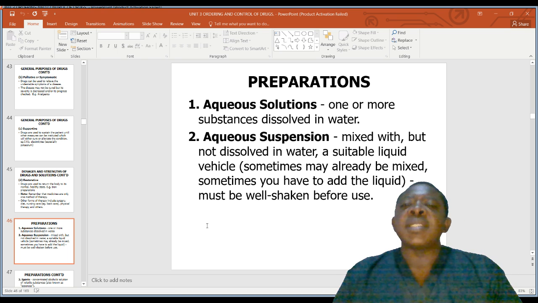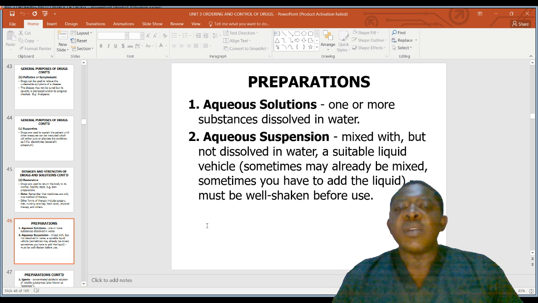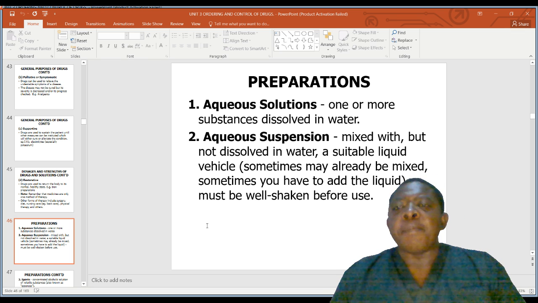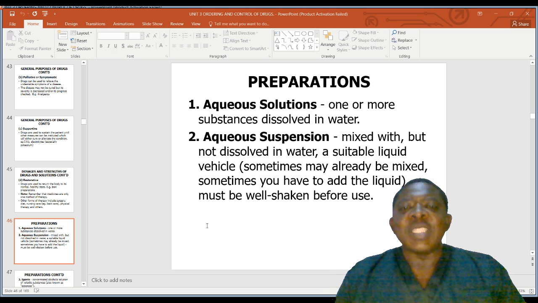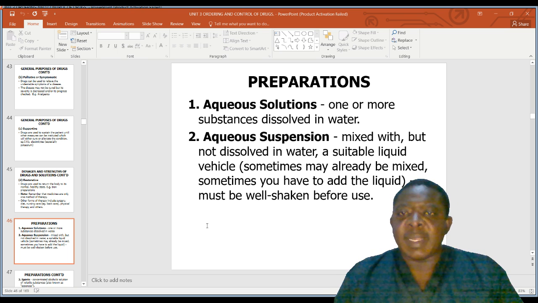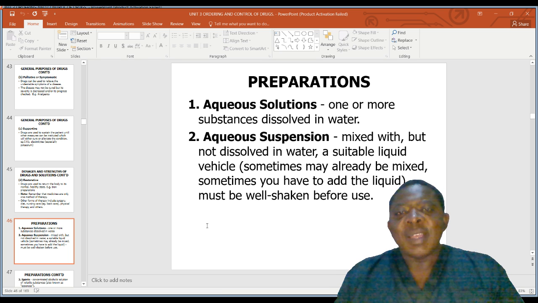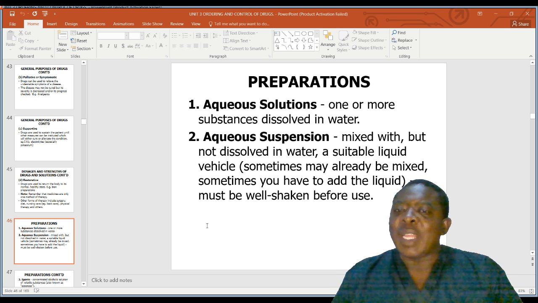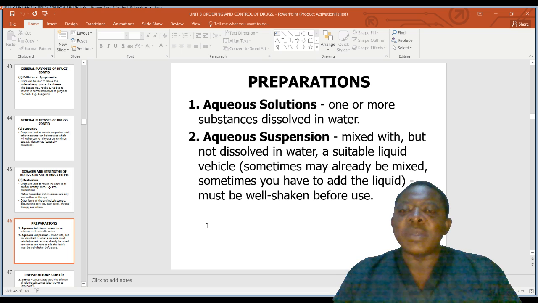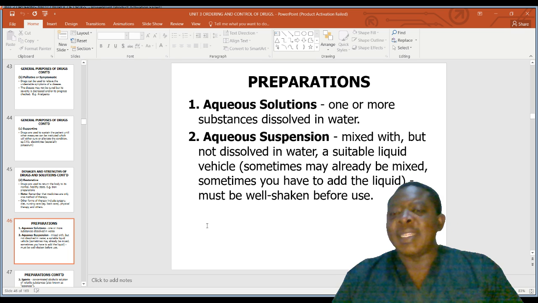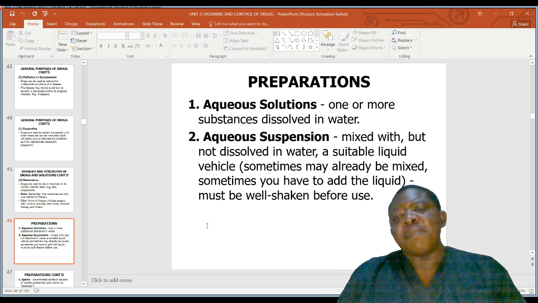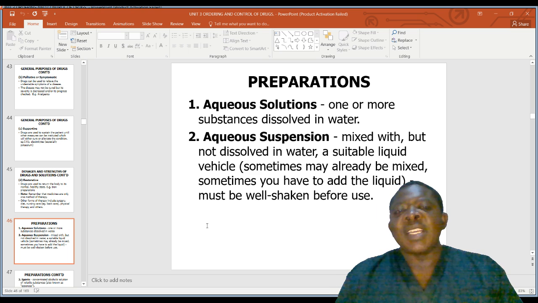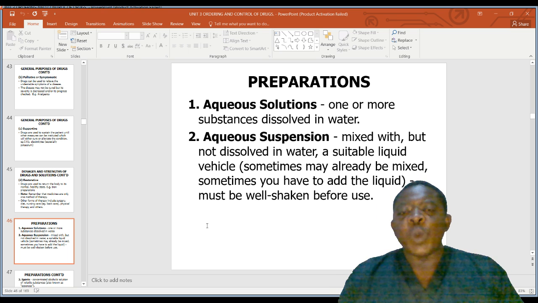Then aqueous suspension. When you talk of aqueous suspension, that is mixed with but not dissolved in water. A suitable liquid vehicle sometimes may already be mixed. Sometimes you have to add the liquid. It must be well shaken before you take it. When it's a suspension, that's when you shake to mix it.